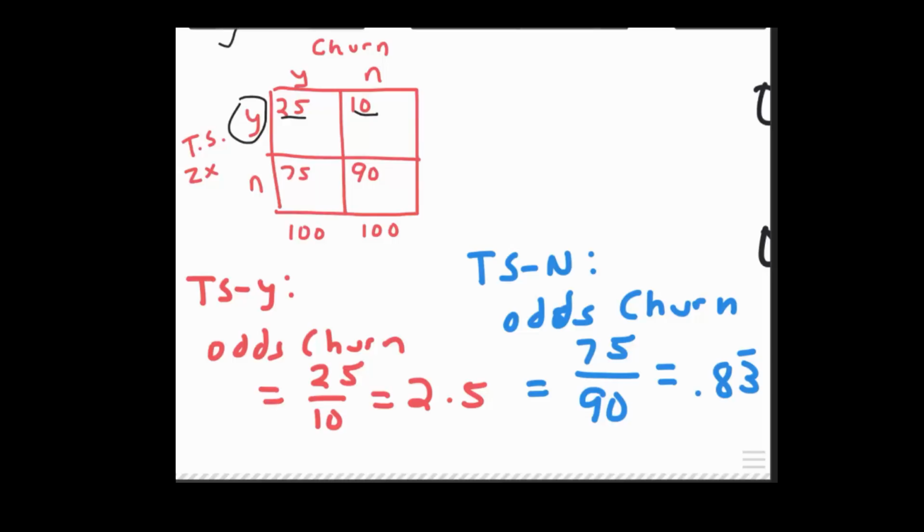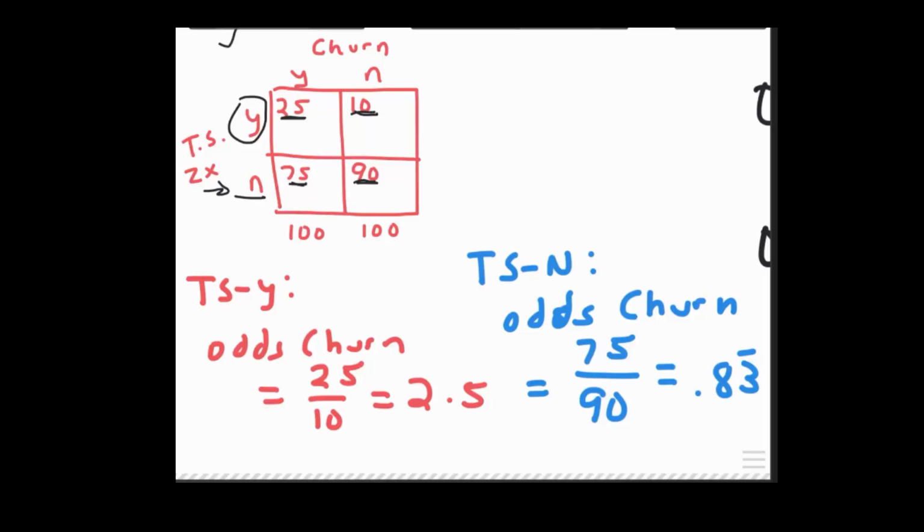So if they had contacted technical support, the odds are 2.5 to 1 that they left, they churned. By contrast, for the people who did not contact technical support, the odds were 75 to 90. Those who did divided by those who didn't.